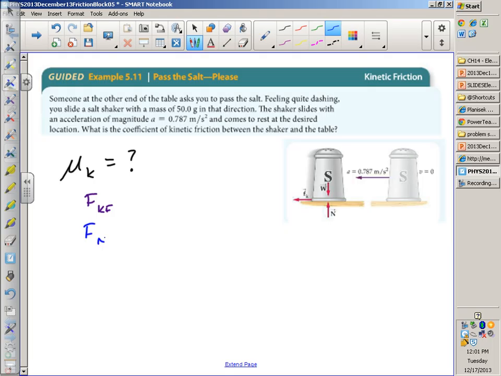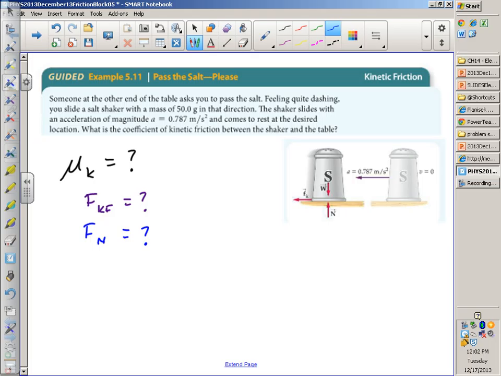So, if we're going to solve for the coefficient of friction, we need to know these two forces. These two forces are technically also unknowns in this problem that we need to get our ultimate answer. So to find the coefficient, we got to find the two forces.